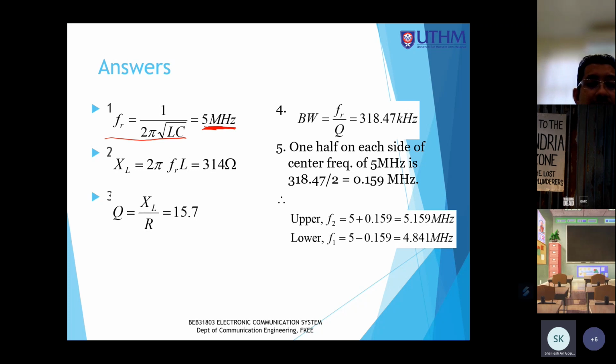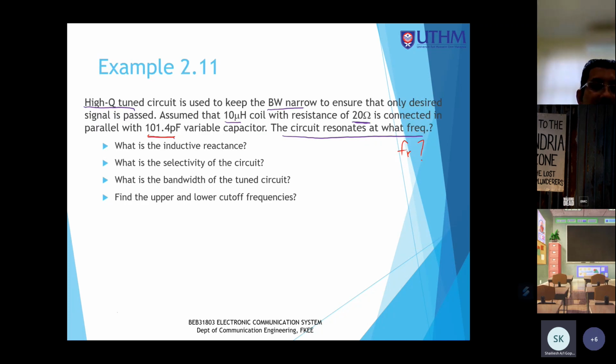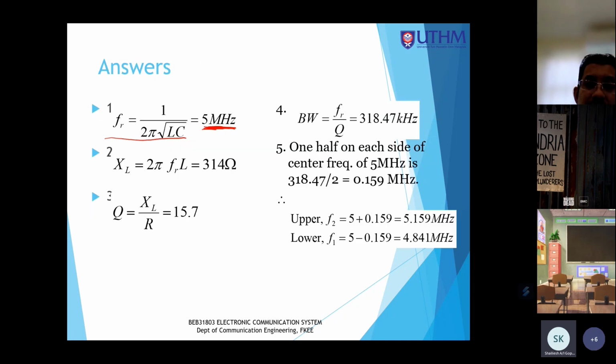Okay. And then what? The second question asks what is the inductive reactance of the tune circuit? Ini adalah inductive reactance. Remember dia bukan XL, XL tu size baju, so this is the inductive reactance. Okay, so inductive reactance unitnya adalah ohms. So inductive reactance is equal to 2 pi F, this F is the resonant frequency, multiplied with the inductor value.